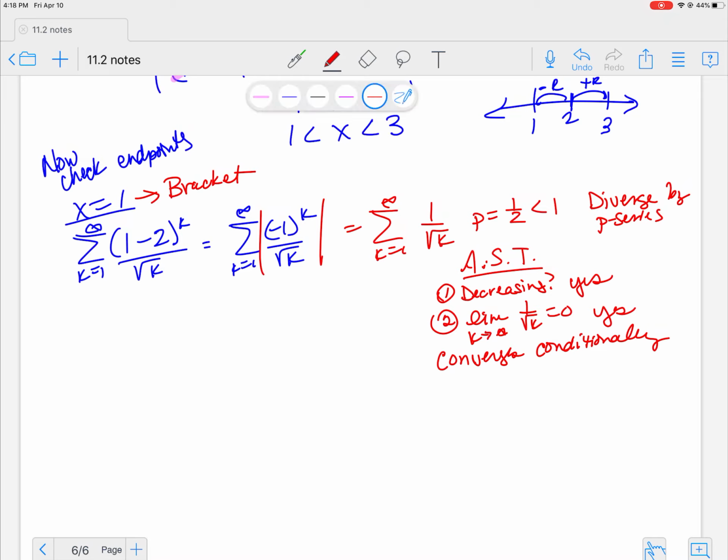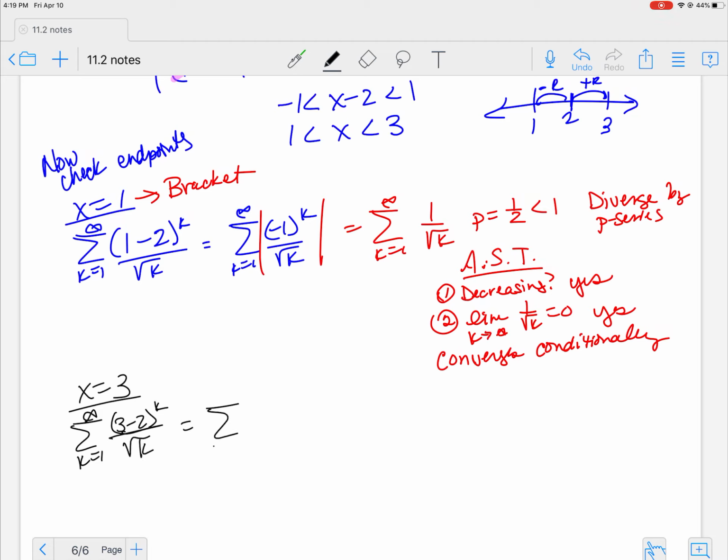Ooh, cool. Last time we just had 2 parentheses. It's fun. We've got a bracket this time. All right, let's check the other endpoint, see what happens. I am going to go from 1 to infinity of (3 minus 2) to the k over the square root of k, which then gives me 1 to the k over the square root of k. We were just at this deal.